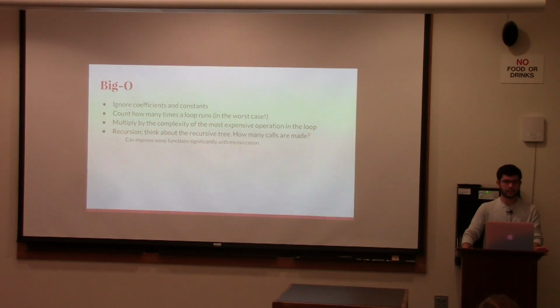Also make sure that you're looking at the worst case running of that loop, because sometimes it can run fewer times than n in a good case, but make sure you're accounting for what could really happen in the worst case. And when you have a loop, you multiply the number of times that loop happens by the complexity of whatever is inside, whether that's some operation with a data structure or another loop or whatever else.